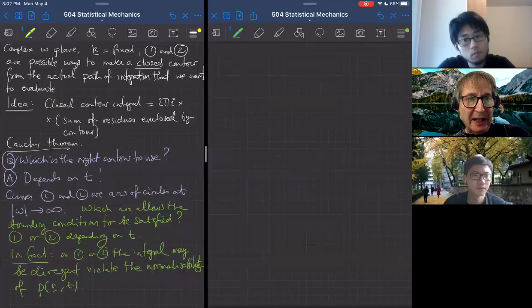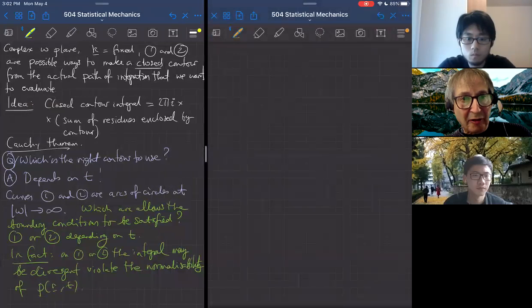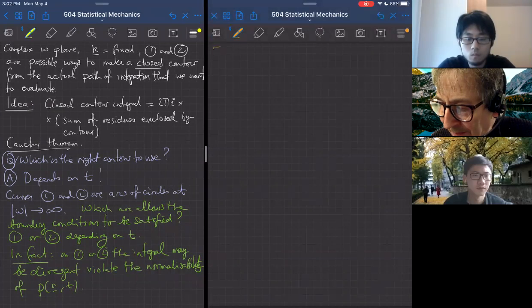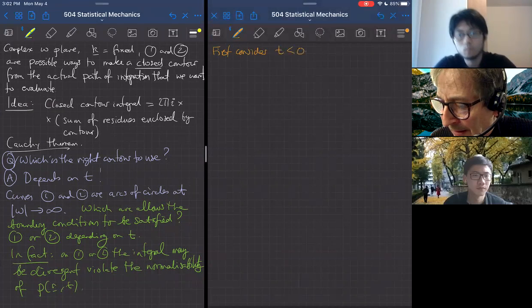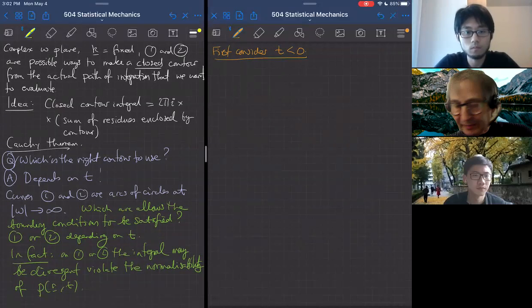So let's first of all consider the case when t is not equal to 0, and let's work out what happens to these integrals. So first, let's suppose that we consider t is less than 0.